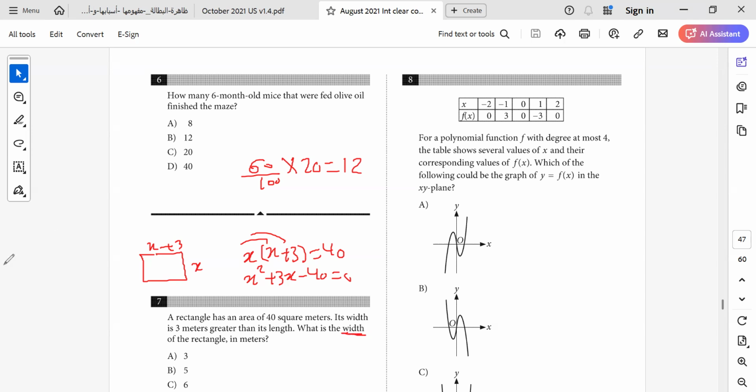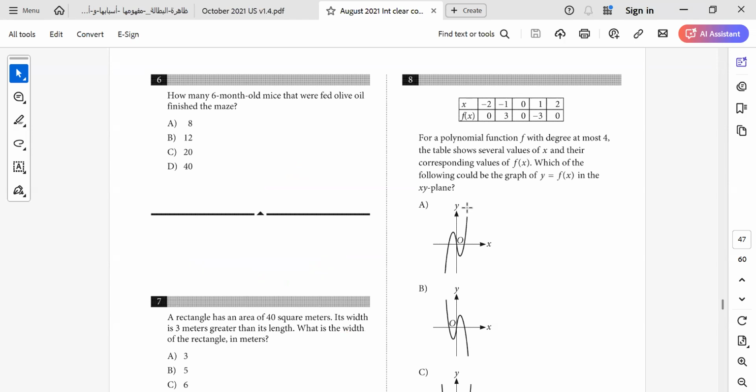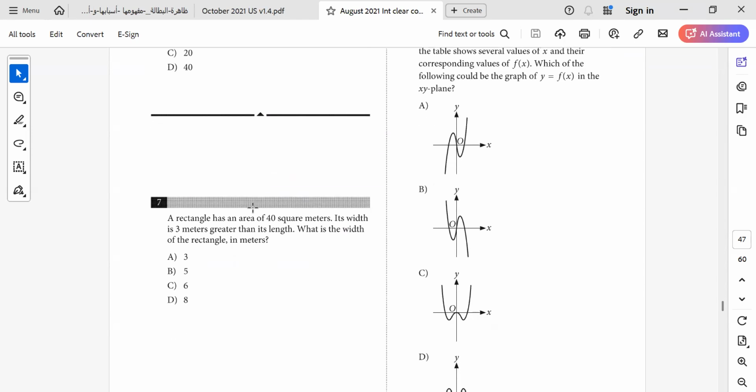Did you get it, Mustafa? Can you explain question 7 again, Mister? Look, he's saying a rectangle, the length is x and the width is x plus 3. The area is 40. The area of a rectangle is length by width equal 40.